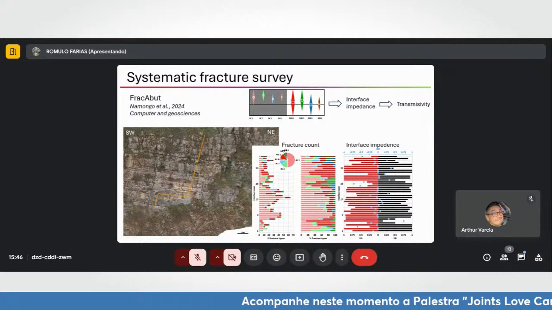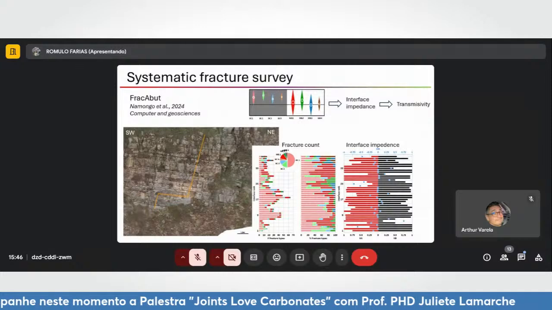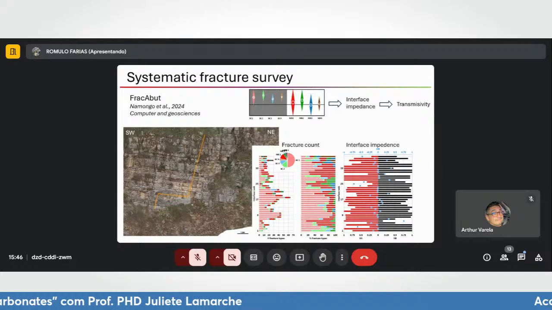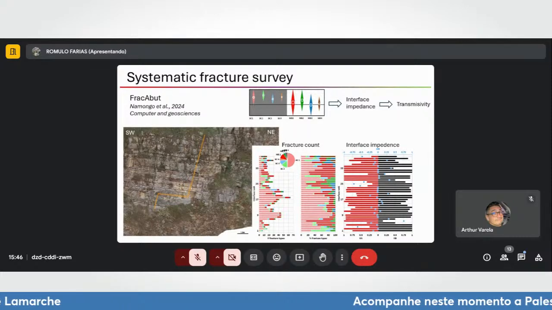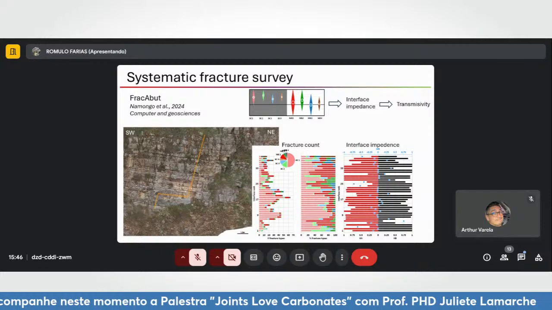And from this counting of fractures, we can decipher the capability of the bed interface to stop the fractures. So either the interface here will stop all fractures or not. The capacity to stop something is the impedance. If the capacity is strong, you stop everything, you have a strong impedance.